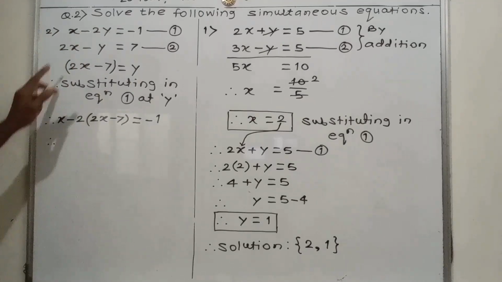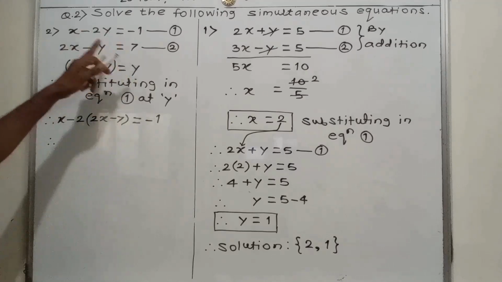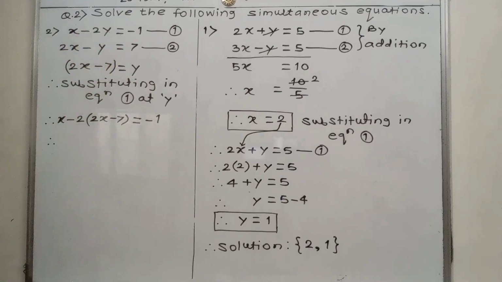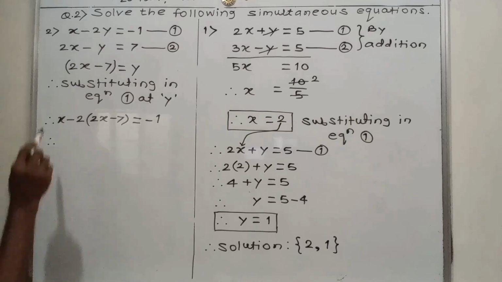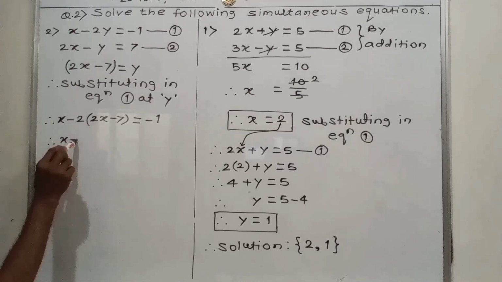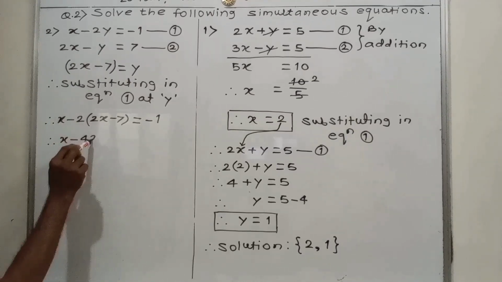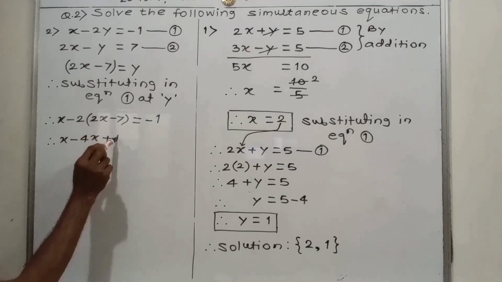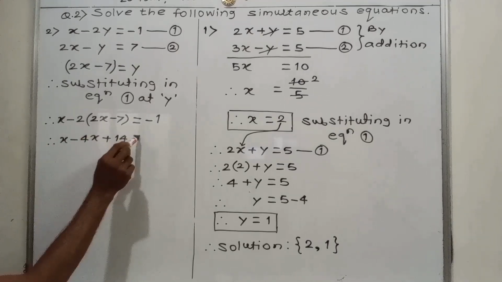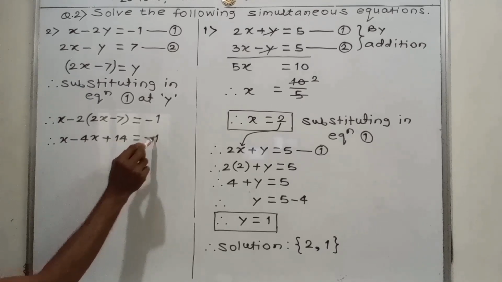Now see this. In this equation, two variables have been converted into a single variable. x minus 4x minus into minus plus 2 into 7 is 14, minus 1.